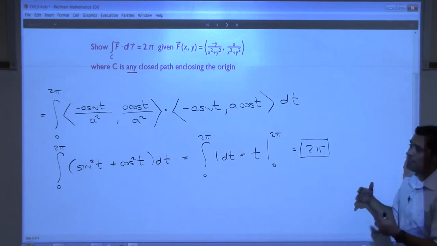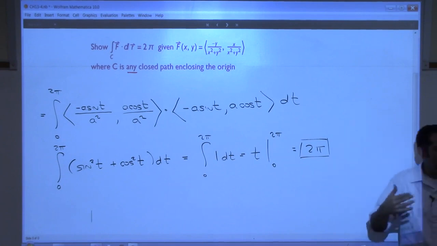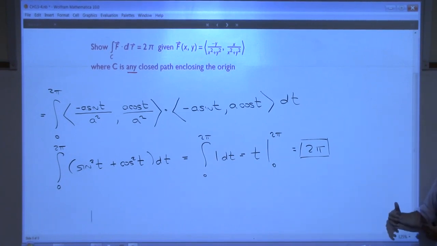So for particular vector fields, you know that if you go along any closed loop, the answer is going to be 2 pi. And they more or less provide that to you rather than derive it for you. And so in this class, what we're doing is we're trying to derive where it comes from. Okay?